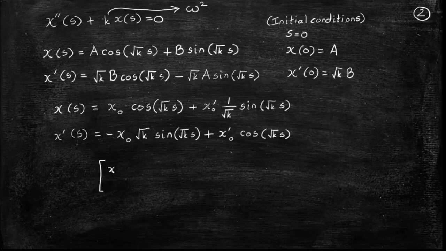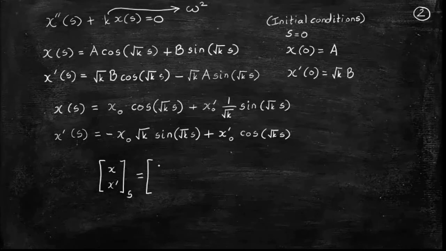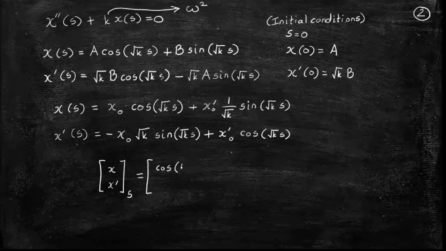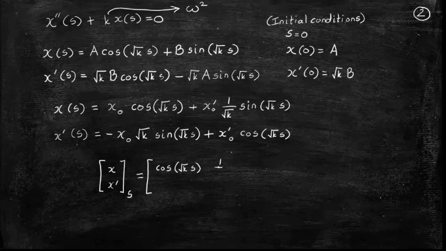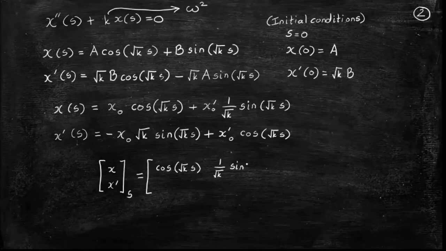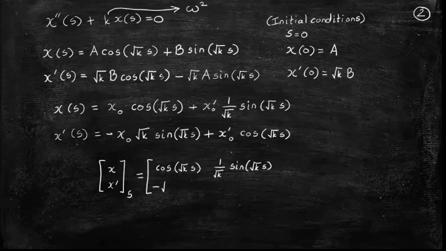You can write it as a kind of matrix equation where the values of x and x prime at s will be equal to a matrix which has the following entries: cosine of root k times s, 1 over root k times sine of root k times s, minus, don't forget this minus sign, as we will come to see that minus sign is crucial, at least practically, root k times s.